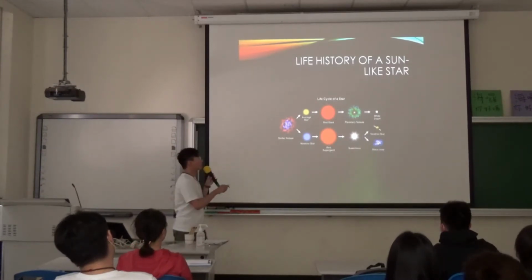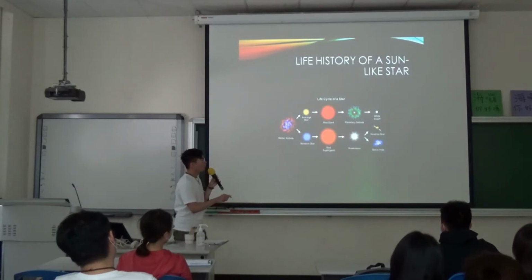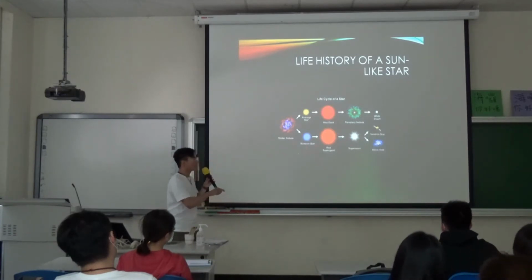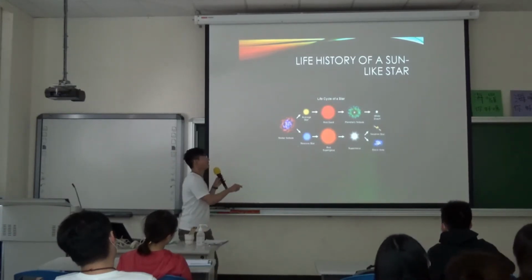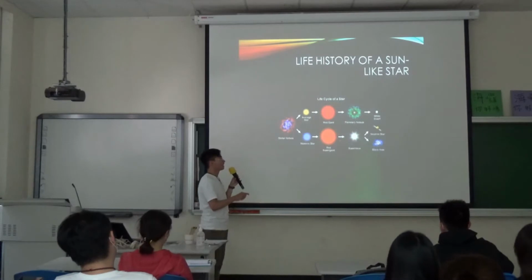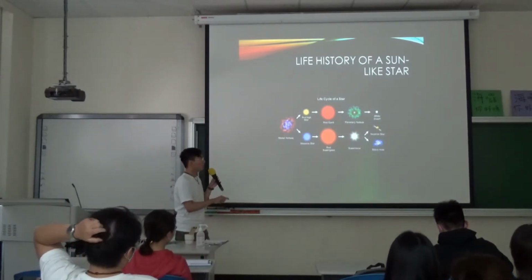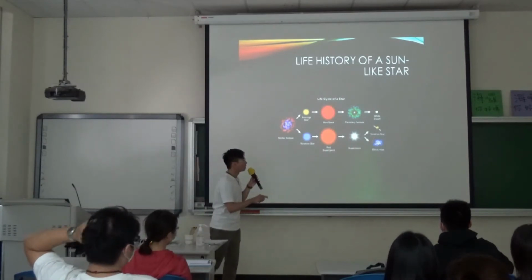If it is low mass, it will become the red giant and the planetary nebula, and the last is the white dwarf. And if it has a giant mass, it will become the red supergiant, then supernova, and in this, it may become the neutron star.